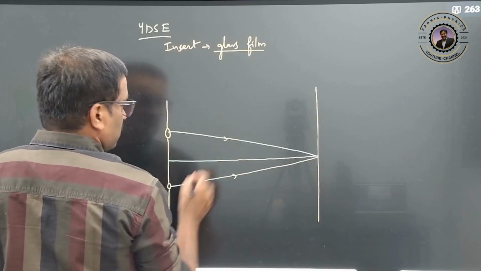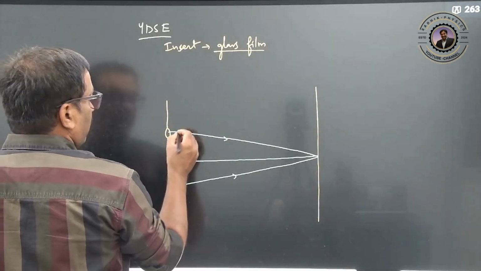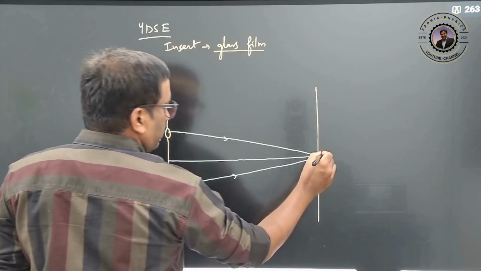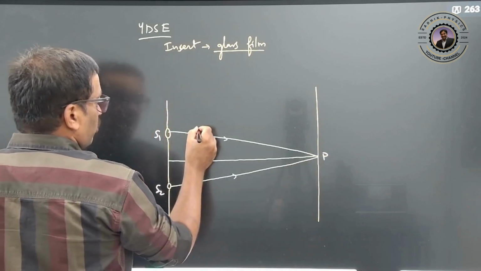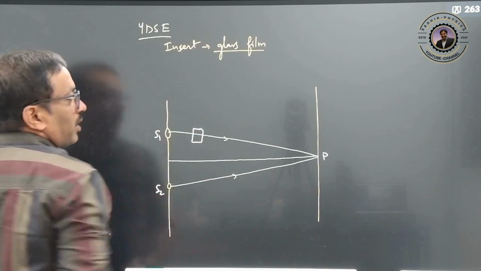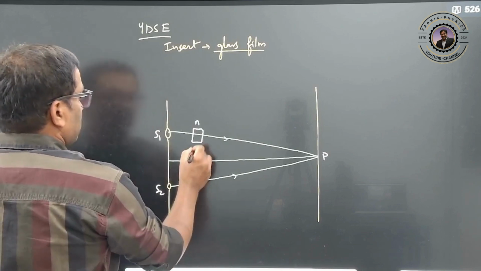Listen how to solve this type of problem. The concept should be very clear. Suppose this is S1 and S2, and this is P. Suppose I insert one glass film or glass slab whose refractive index is n and whose thickness is t.